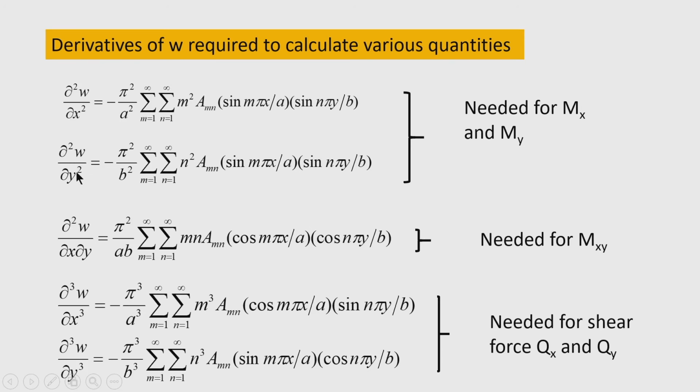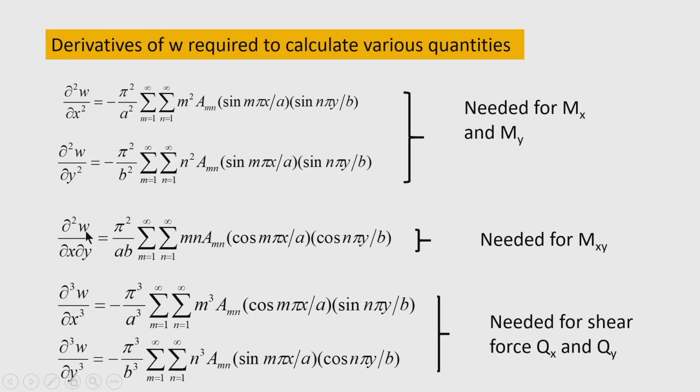Similarly, del square W by del y square is minus pi square by B square double summation, m equal to 1 to infinity, n equal to 1 to infinity, n square a m n sin m pi x by A sin n pi y by B.